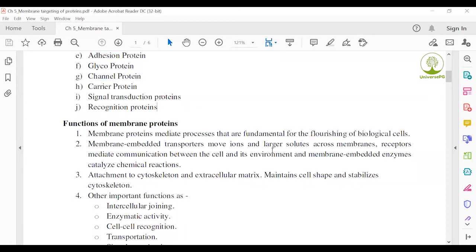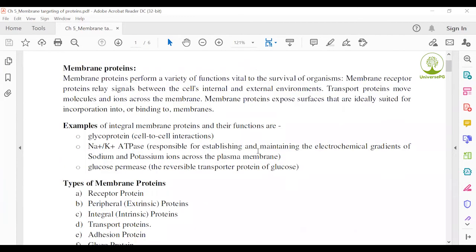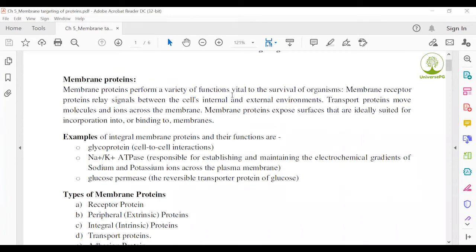Already we know some specific functions of membrane protein from the definition part: the vital function to the survival of microorganisms. Another function, relaying signals between the cell's internal and external environment.